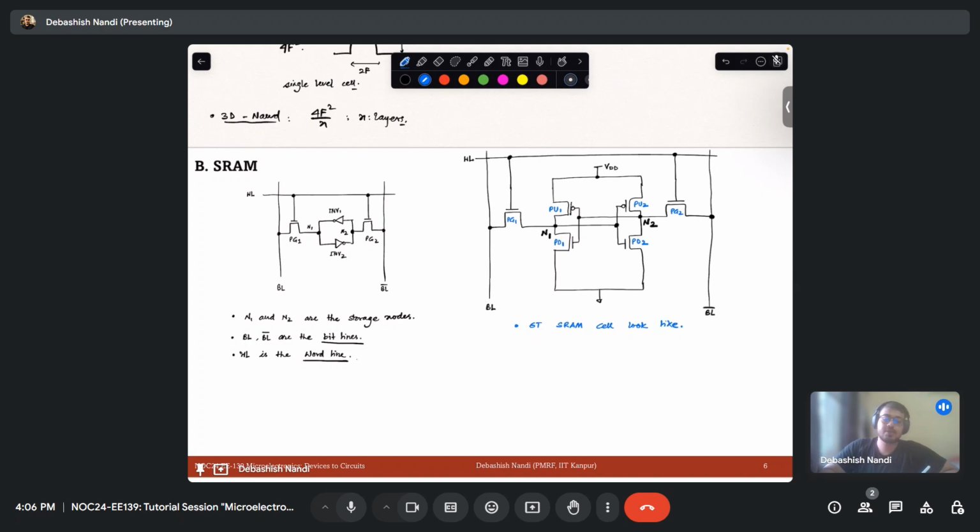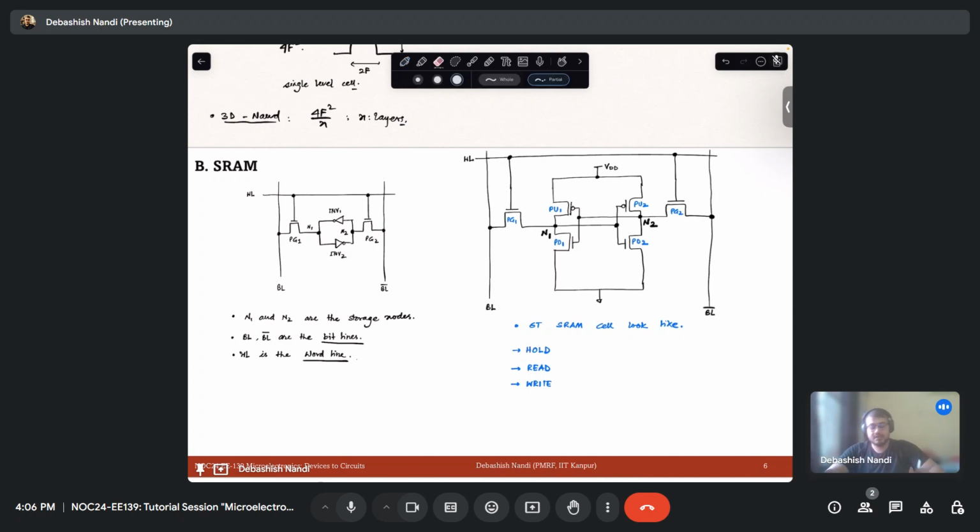So what are the possible operations that can happen in your SRAM? One is your hold operation, means it just holds the data, okay? Then your read operation, and write operation, okay?